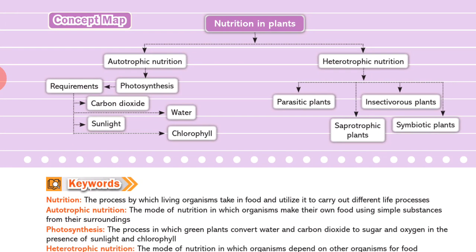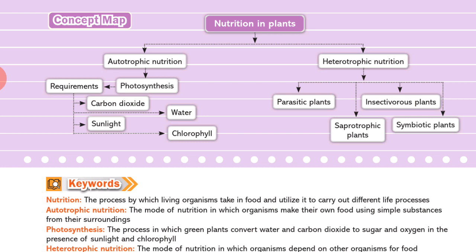We will recapitulate nutrition in plants. Two modes of nutrition were there: autotrophic and heterotrophic. In autotrophic, we studied photosynthesis. The requirements were carbon dioxide, water, sunlight, and chlorophyll for photosynthesis to take place.